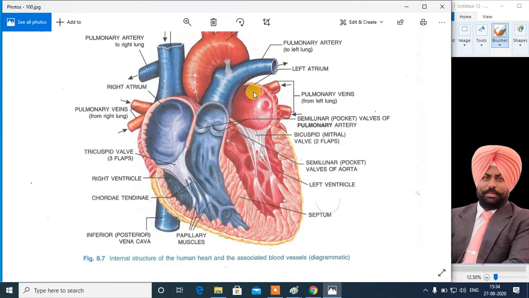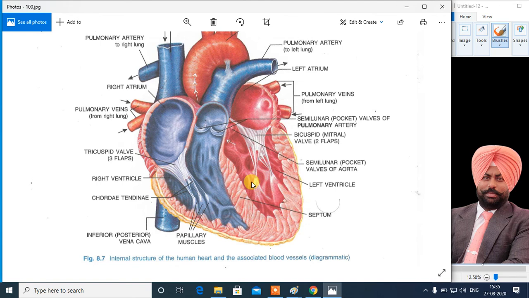So this is the left auricle, which is represented by the cursor. This is the left ventricle, which is represented by the circular motion of this cursor. And this is the valve between the left atria and left ventricle, called bicuspid valve. It is also called mitral valve.